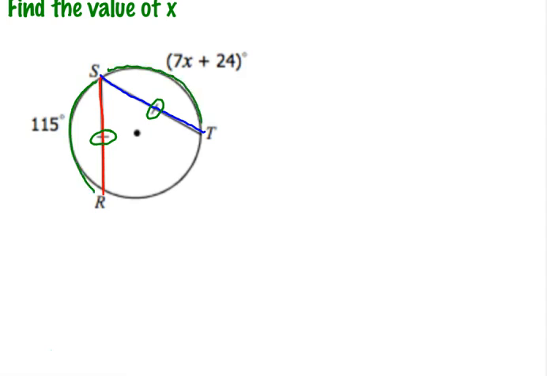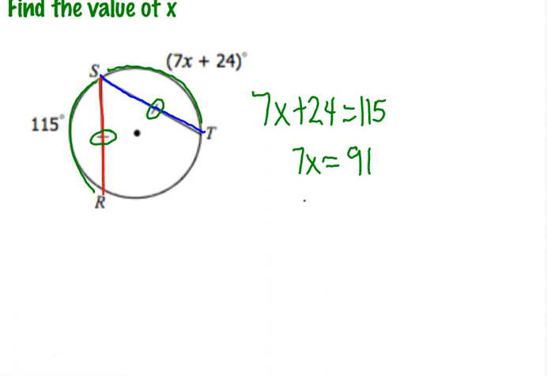So if I want to find x, I'm going to put 7x plus 24 equal to 115. And now we have just a very simple Algebra 1 problem. Subtract over my 24, and get 7x equal to 91. Divide out by 7. We'll find that x equals 13. Then we're done.